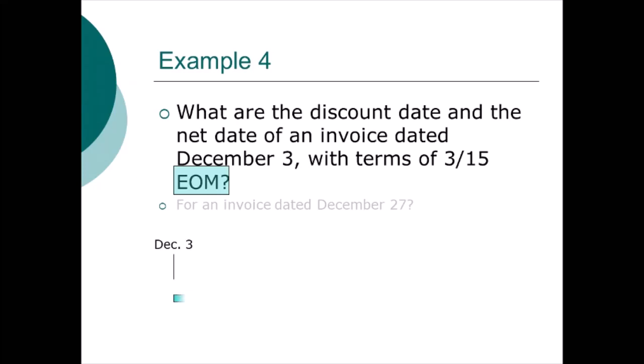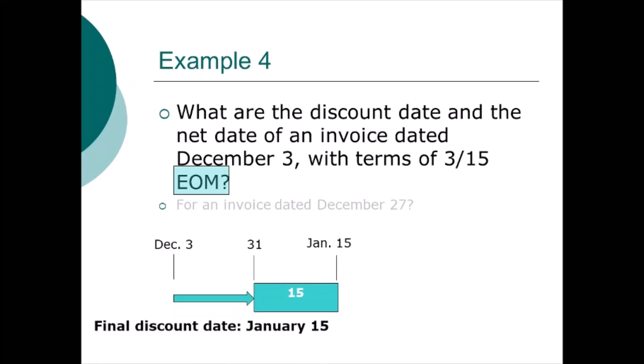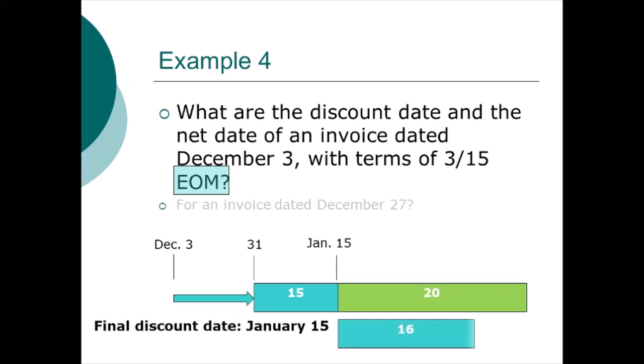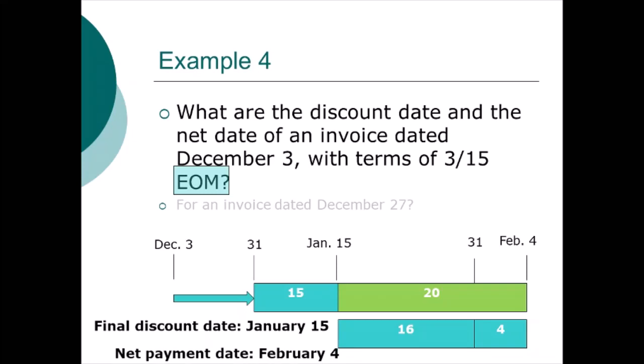So we will move to the end of the month as our starting date. Now 15 days, that is January 15. Therefore, our discount date is January 15. Adding 20 days, 16 days to end January, we have 4 days left, and that is February 4. That is our net payment date, February 4.